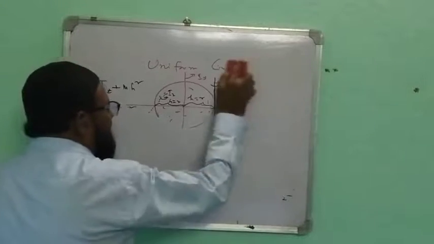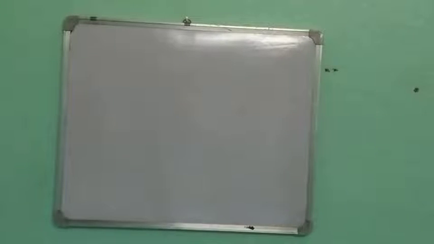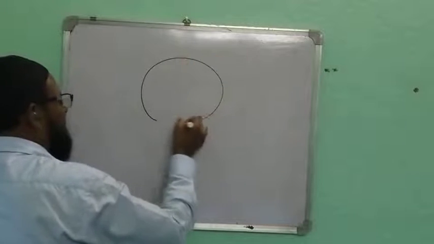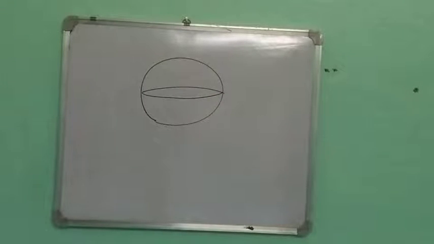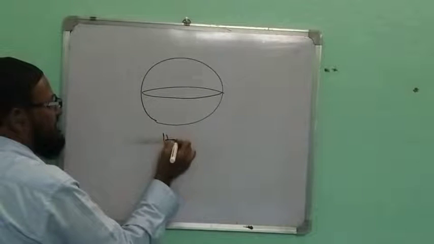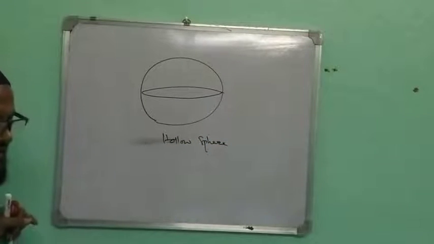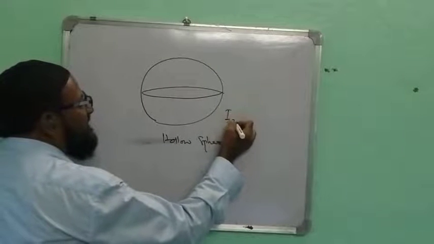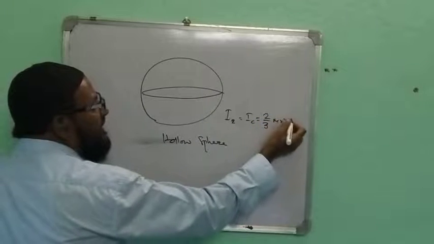Now, the question is: in case of a uniform hollow sphere, we know Iz, that is IC, equals 2 by 3 M R square.